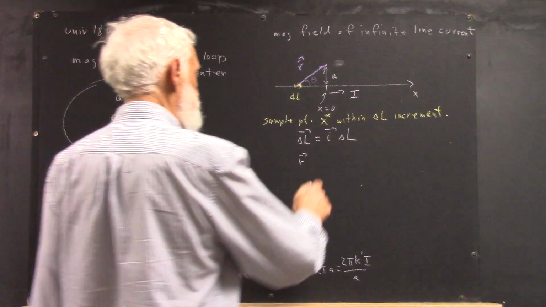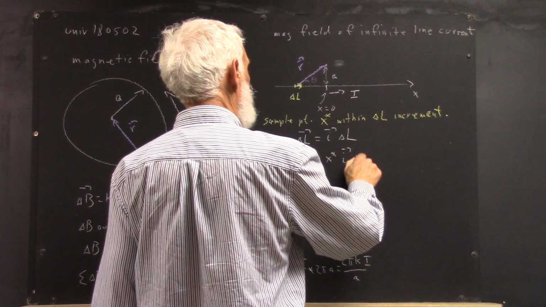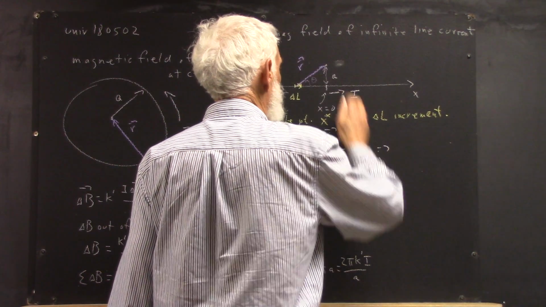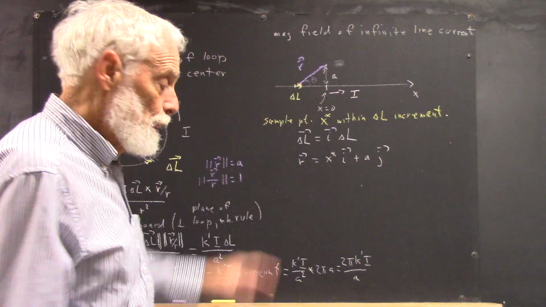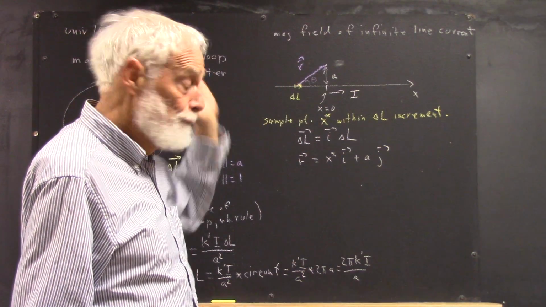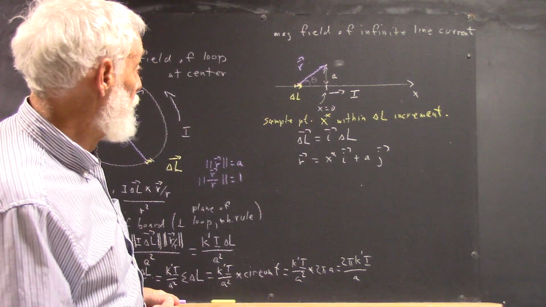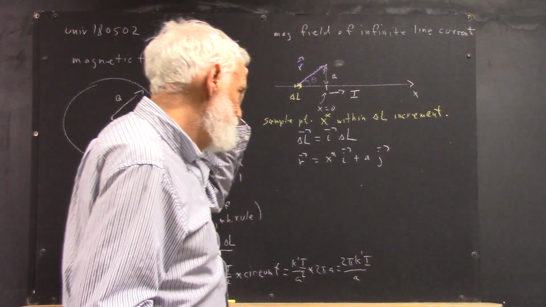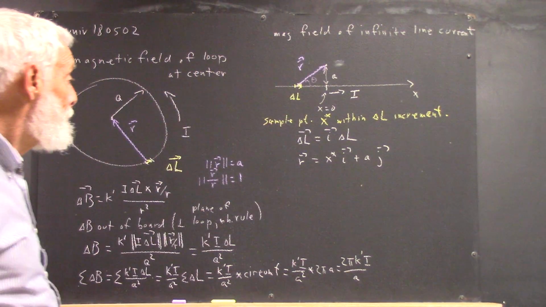And the R vector is x star i plus aj, if we assume that this thing's in the xy plane, where the y plane is arbitrary and it's not going to make any difference, okay? And the direction of this thing, well, we'll just do the cross product and see, okay?